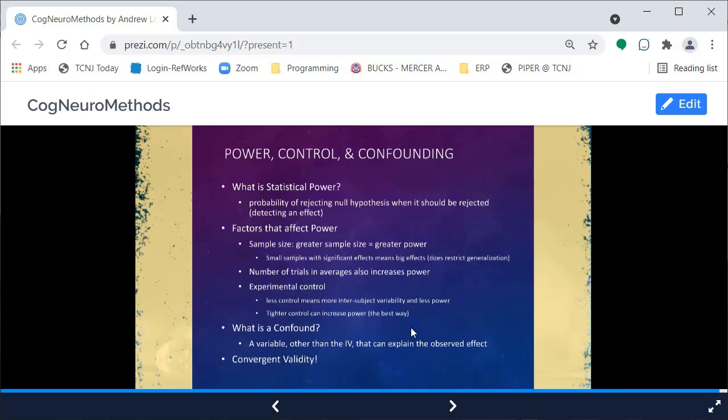Now, the key in this field is gathering information using a variety of techniques and looking at how the evidence converges on the same kinds of conclusions, something called convergent validity. We want to see similar conclusions using a variety of different methods, because these methods have different strengths and weaknesses.